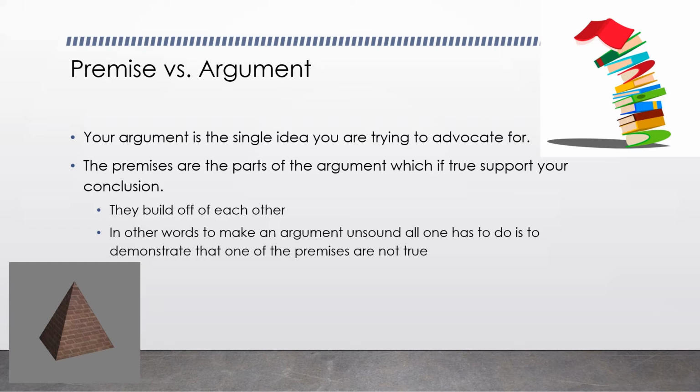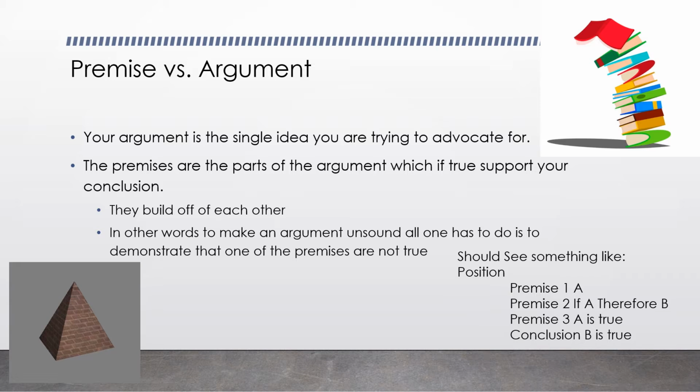So it might be something, if you're writing an argument, where you've got premise 1, A. Premise 2, if A, therefore B. Premise 3, A is true. Maybe you've got some other claims involved in here saying, A is obviously true because I've seen it, you've seen it, it's common knowledge, whatever, right?